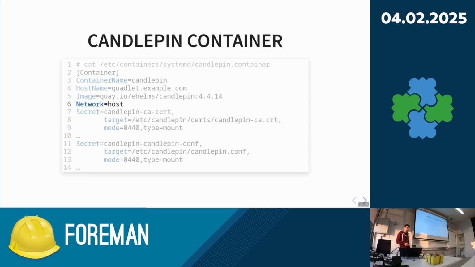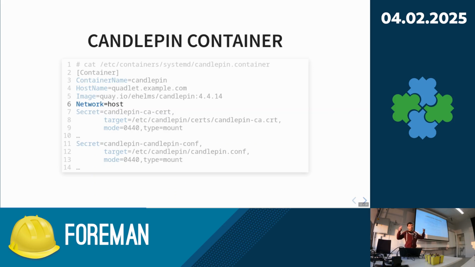We are cheating. In the past, Candlepin was running as a service in Tomcat on localhost, and Katello is talking to the localhost API with HTTP. If you run it in a container, the localhost in the container and the localhost on the host are different, which we can solve.